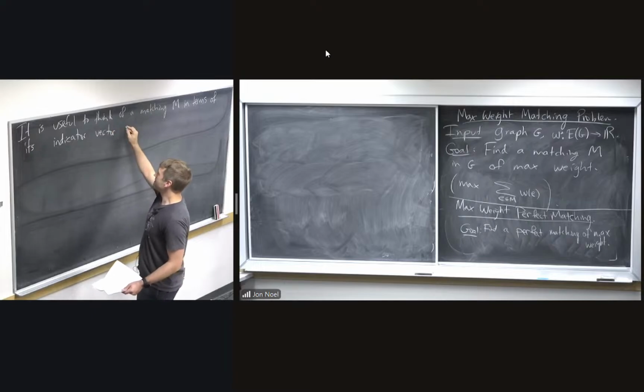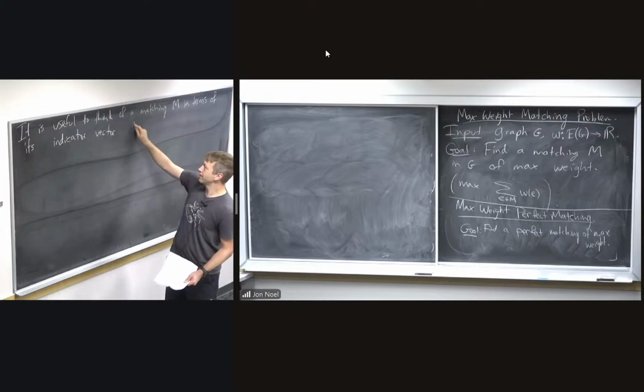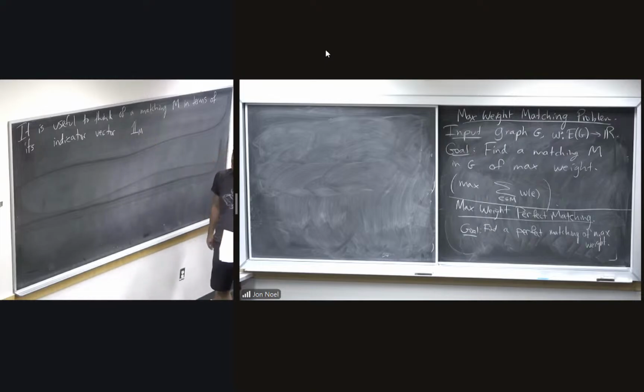Maybe for notation I could say 1 subscript M. This is basically a vector where, for each edge in the graph, it outputs a 1 if that edge is in the matching and a 0 otherwise.